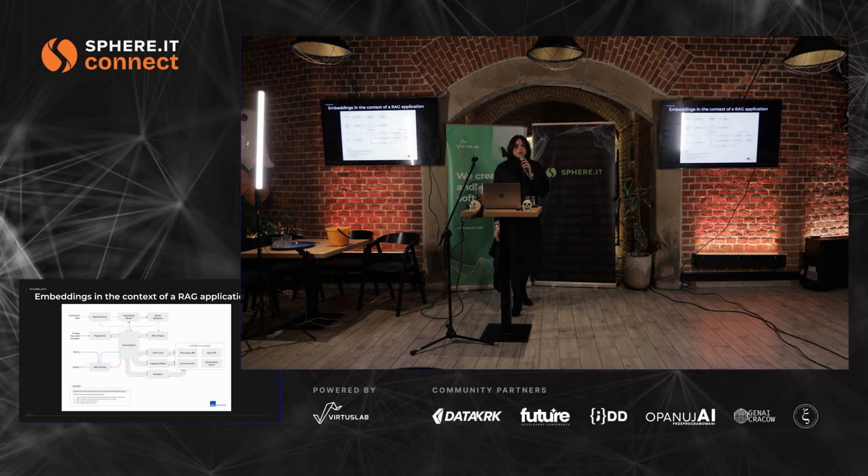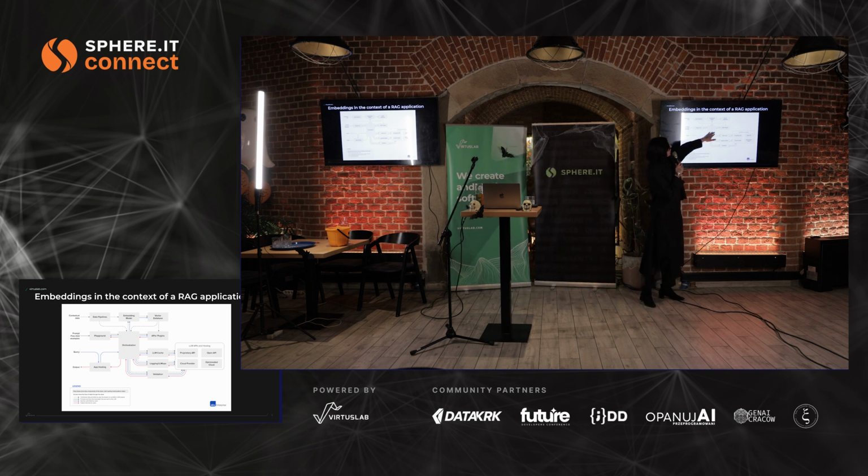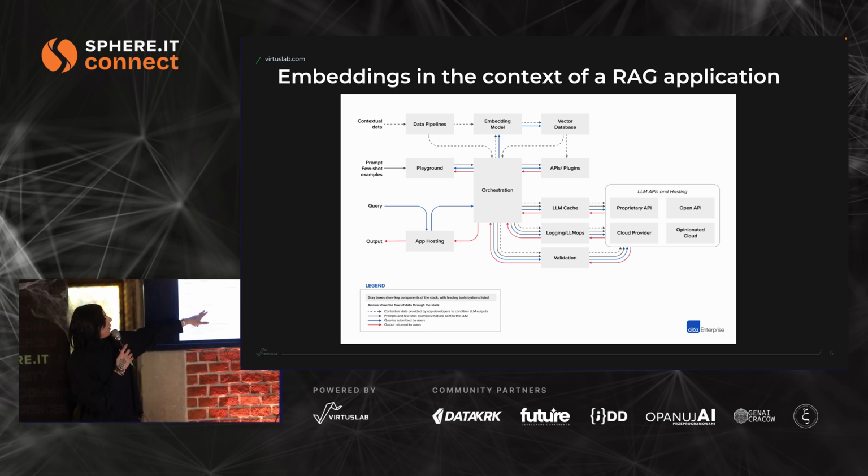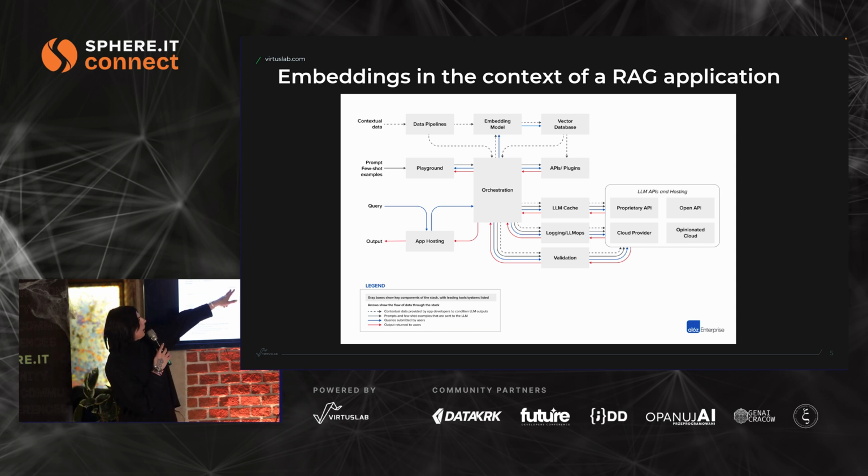So how do embeddings fit in the context of RAG applications? As you can see, here we have an orchestration. This is something like a LangChain or Llama Index system. The user posts a query to the front-end app. It goes to the orchestration. Then through the embedding model, we get the embedding of the user query.